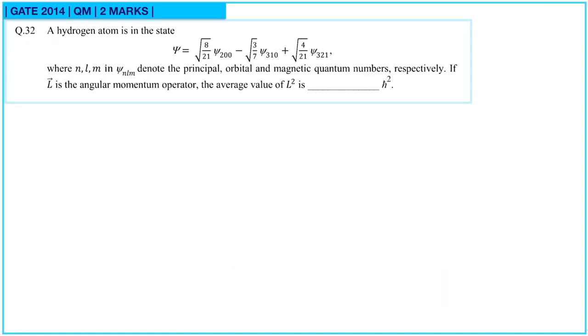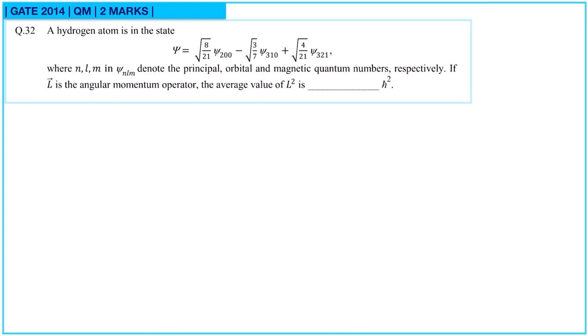Next question. A hydrogen atom is in the state psi is equal to under root 8 by 21 psi 200 minus under root 3 by 7 psi 310 plus under root 4 by 21 psi 321, where n, l and m in psi n l m denote the principal, orbital and magnetic quantum numbers respectively.